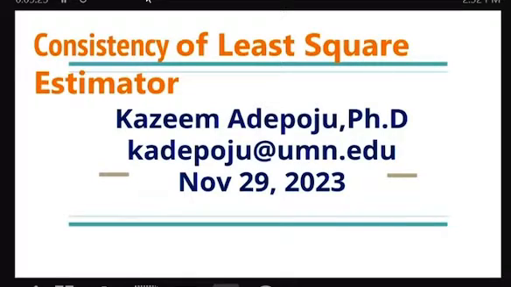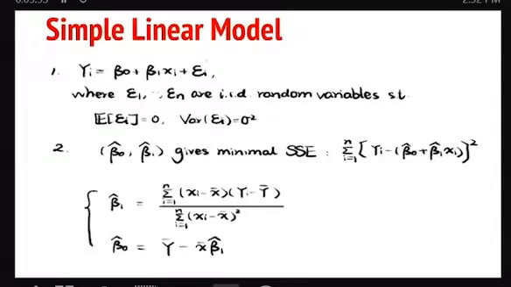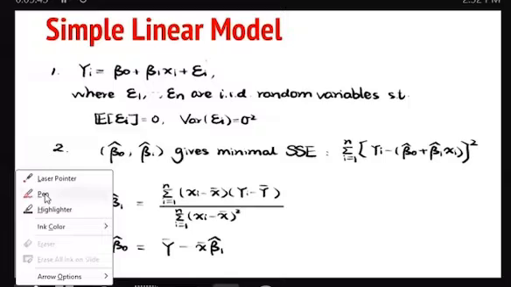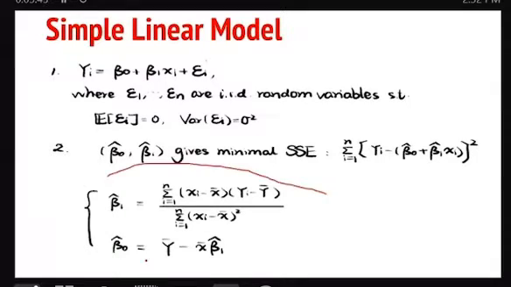Now, when we derive an estimator, we have a linear regression model. If you take a look at this, the two of them are called least square estimators.